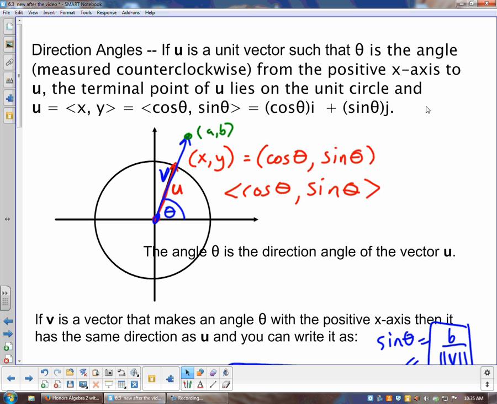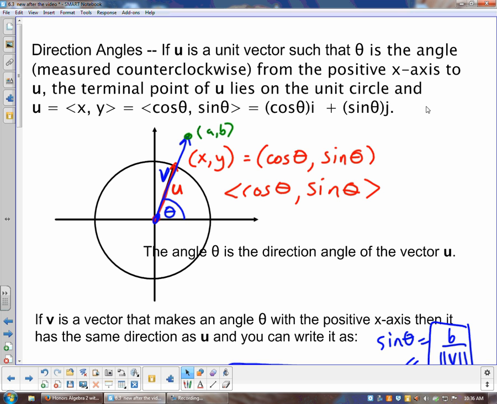Picture that you have a unit circle, and here's 0, 0, and we have some vector v. Let's say vector v goes to point a, b. That's somewhere that's not on the unit circle.